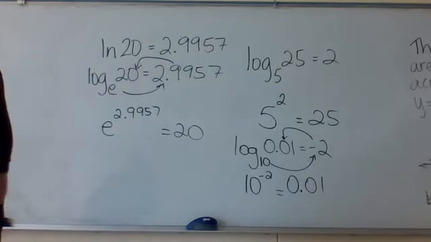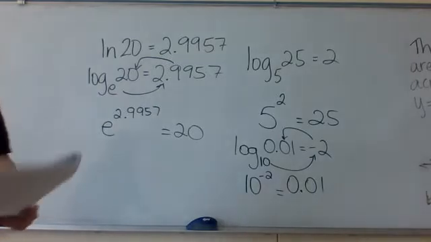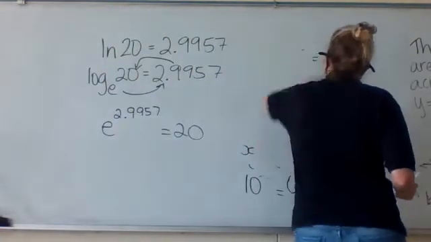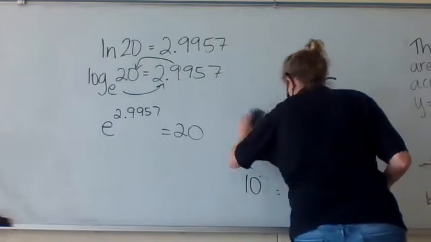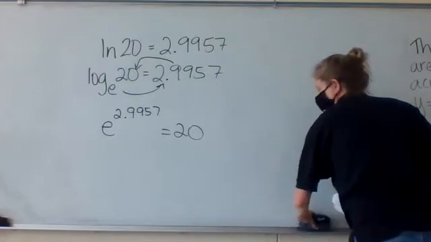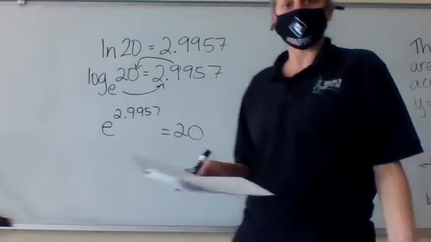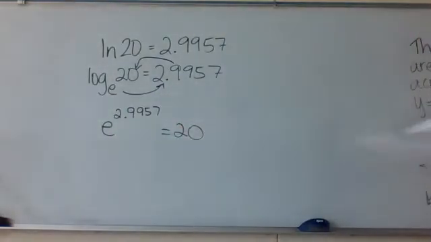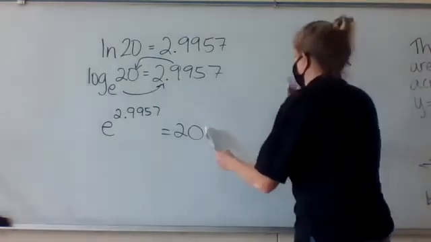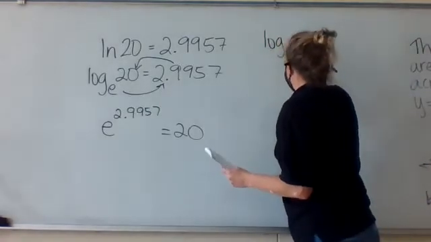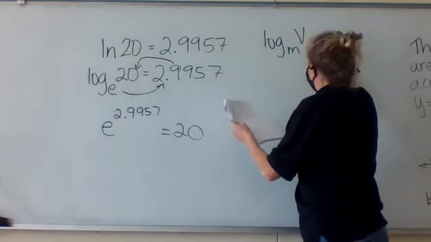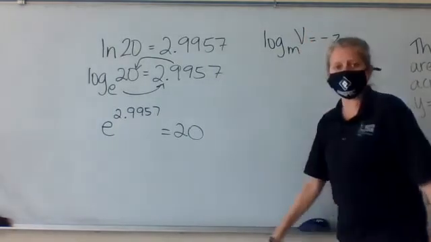And then the last one of these, log base m of v equals -z. Again, in order to convert this to an exponential equation, you don't have to know what the m stands for, the z stands for. You don't have to know what any of that stands for to be able to convert it from logarithmic to exponential. You've got log base m of capital V equals negative lowercase z.